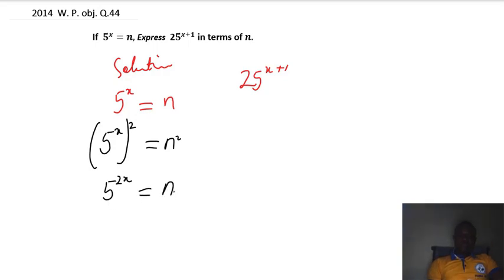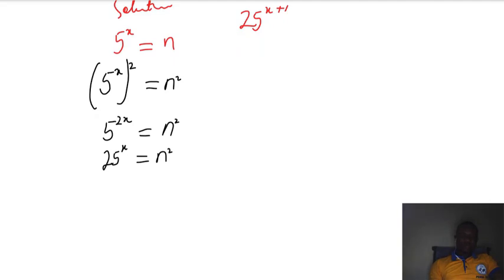We have here to be squared. So 5 squared will give us 25, equal to n squared. But here we have 25 exponent x plus 1, so we are working towards that answer.